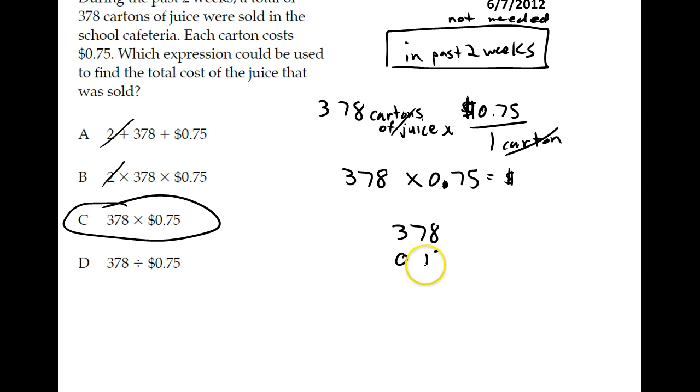378, 0.75. We can multiply. 0 carry the 4. We'll have 39. We'll have 18. 8 times 7 is 56.